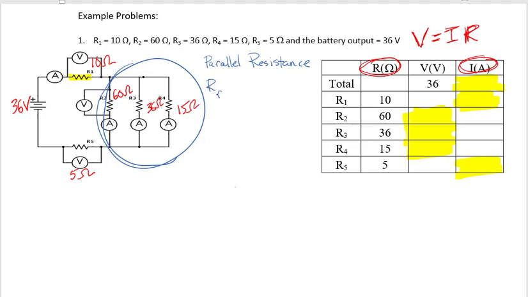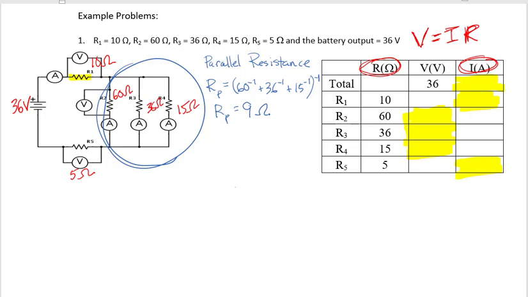I'm going to call it RP, and it is equal to the inverse of each of the resistors: 60 to the negative 1, or 1 over 60, plus 36 to the negative 1, or 1 over 36, plus 15 to the negative 1, or 1 over 15, and all of that to the negative 1. If we plug that into our calculator, it falls out as 9. I did this earlier. So 9 ohms.